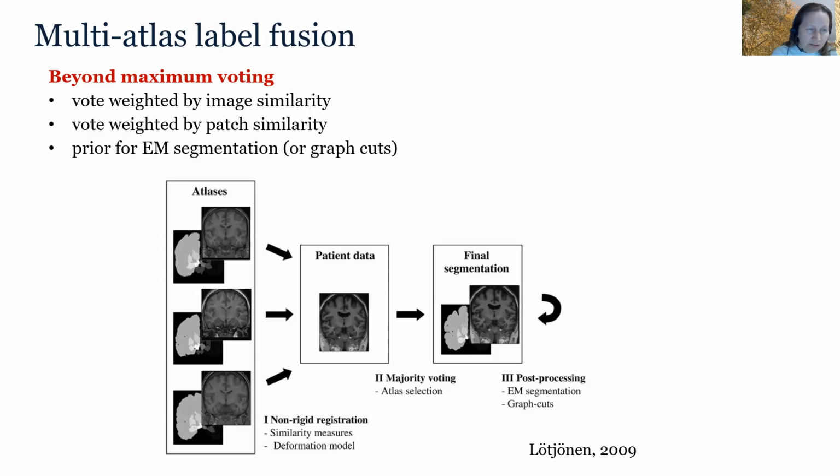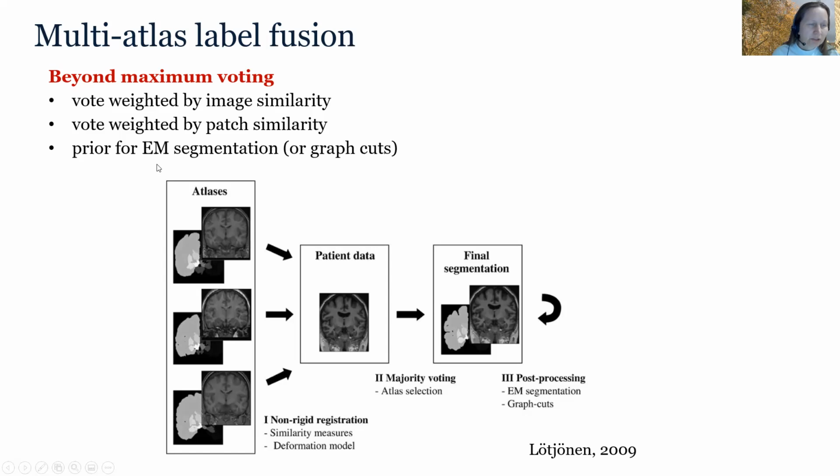So we can either select or weigh the contribution of each atlas to the final segmentation. And this can be even further refined by doing weighted averaging for patches rather than the whole images to get even higher quality label fusion.